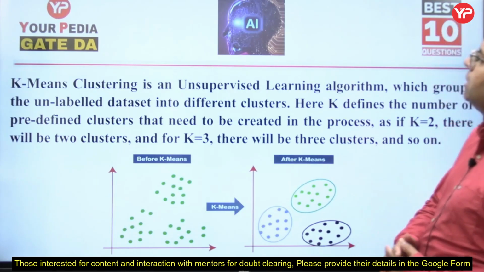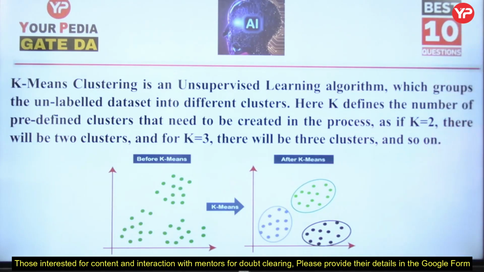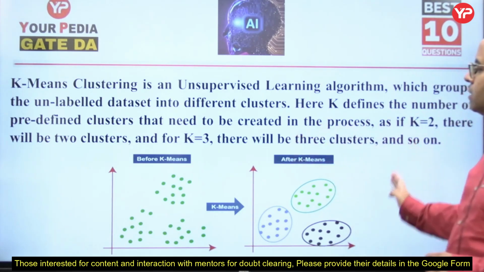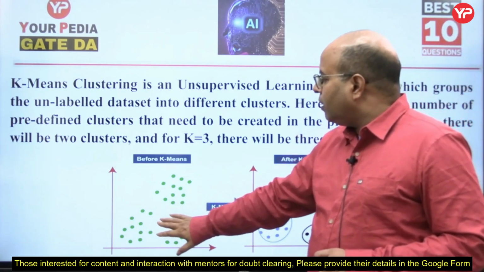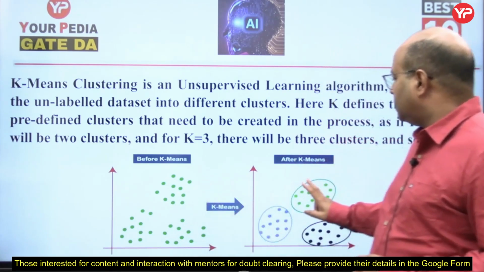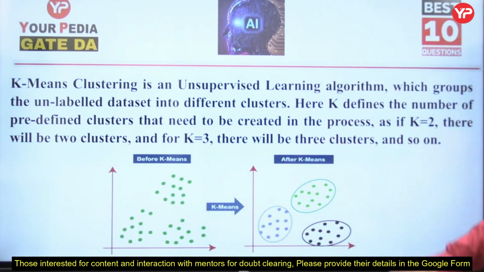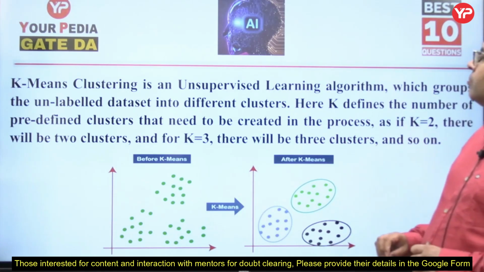What is K means clustering? It's an unsupervised learning algorithm which groups the unlabeled data set into different clusters. Here K defines the number of predefined clusters that need to be created in the process. If K is equal to 2, there will be 2 clusters, and for K equal to 3, there will be 3 clusters. So like this, we will draw 3 clusters of equal size. That is K means clustering.